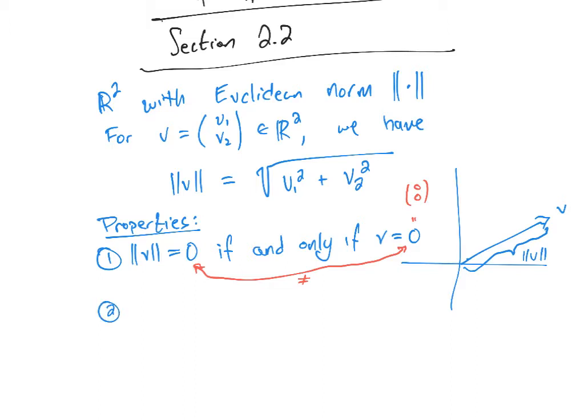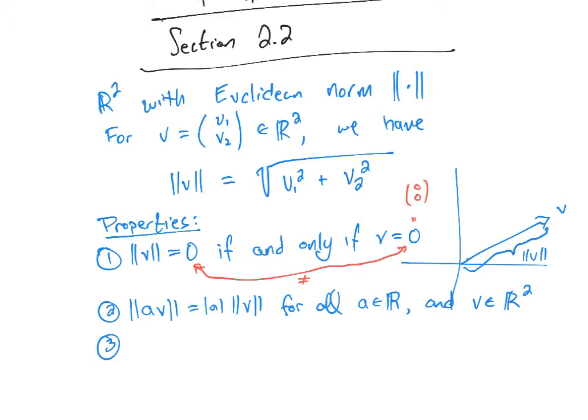2. If we multiply by a scalar, then that just scales the vector by the absolute value of the scalar. So this is for all a and r, those are real numbers, and vectors in the plane.